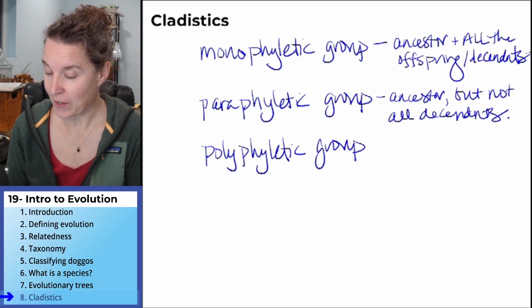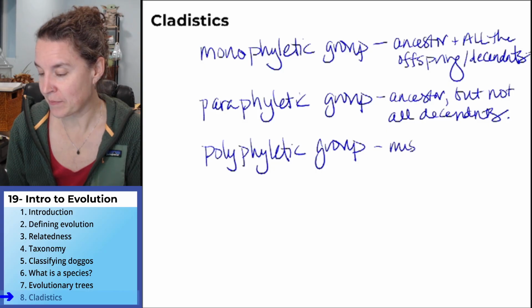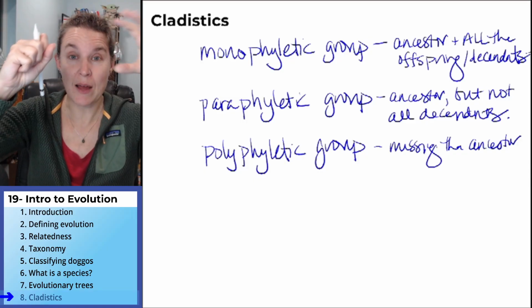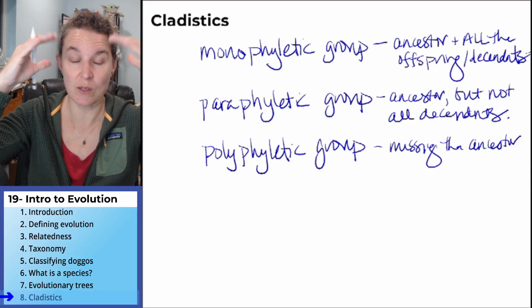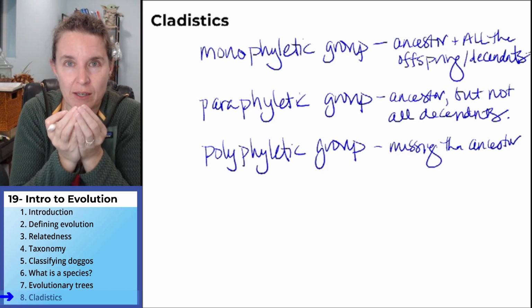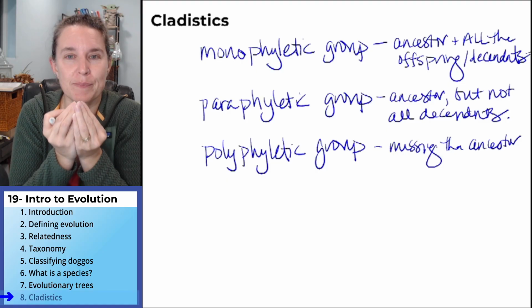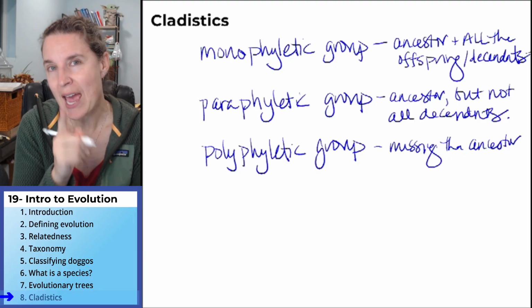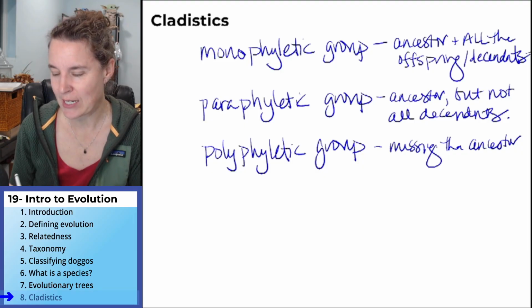And a polyphyletic group is missing the ancestor. So it's just grabbing species without having their past, their history involved. And we're going to look at some clades and see if we can identify these.